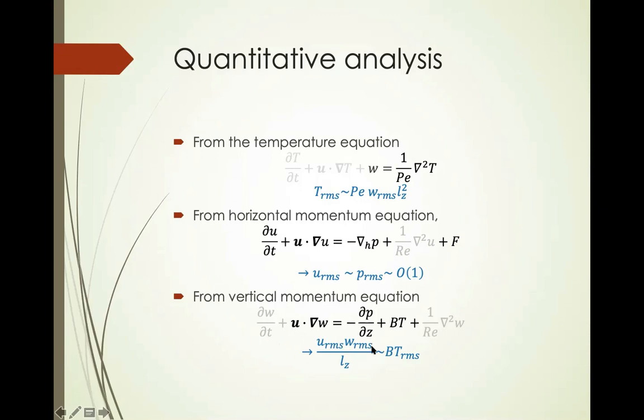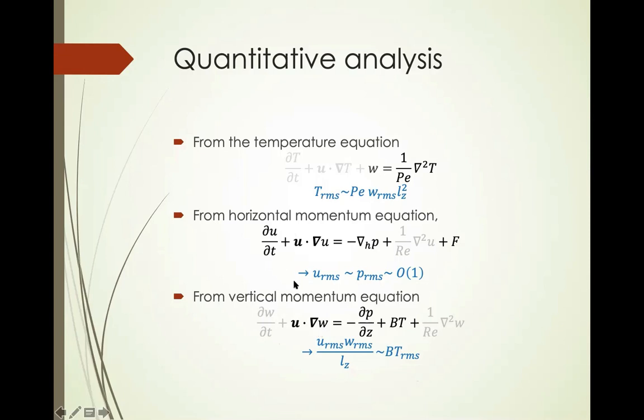But now, crucially, in the momentum equation in the vertical direction, we no longer just have hydrostatics. As it turns out, the nonlinear term in the momentum equation also begins to matter. And so in this particular case, we have a slightly new balance, which is given here. U_RMS W_RMS over L_Z is B T_RMS. And of course, again, U_RMS is of order 1.